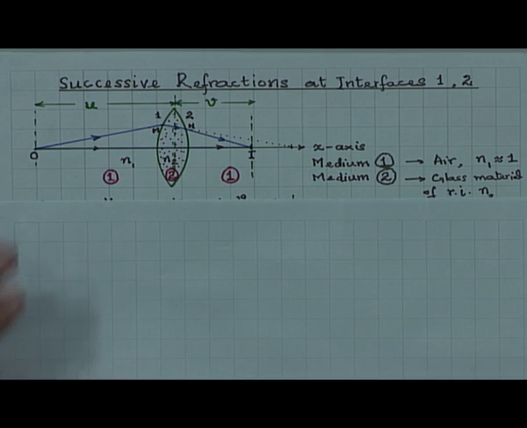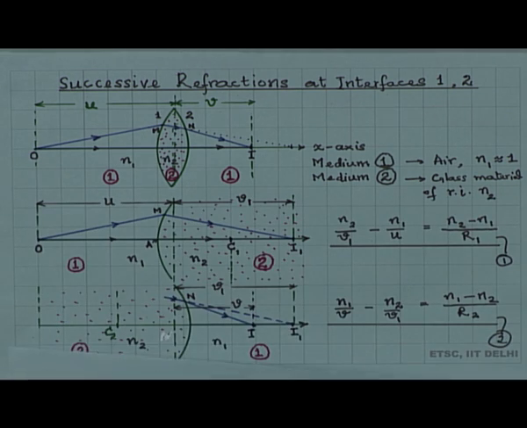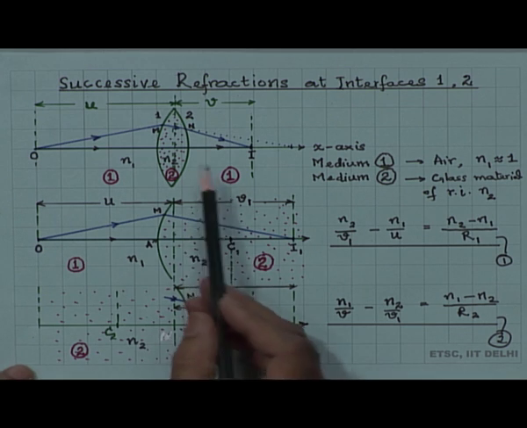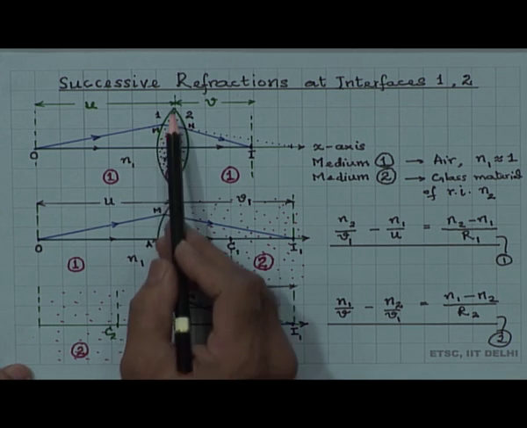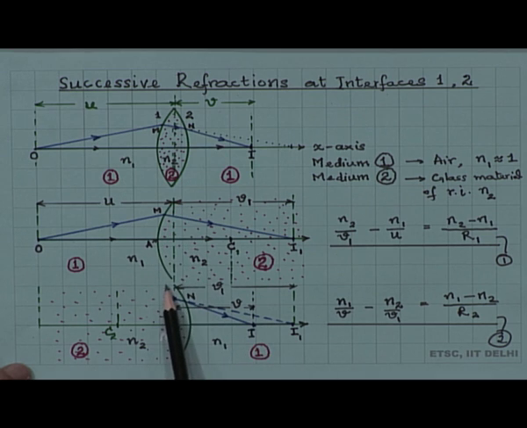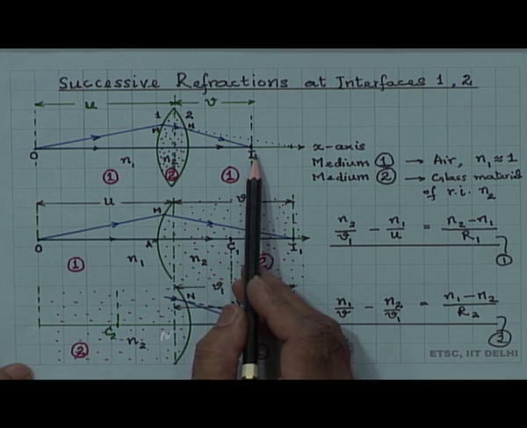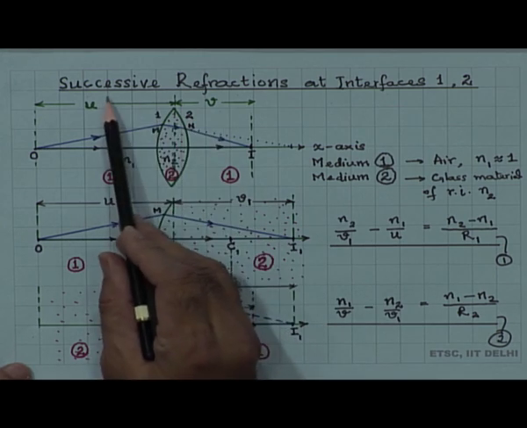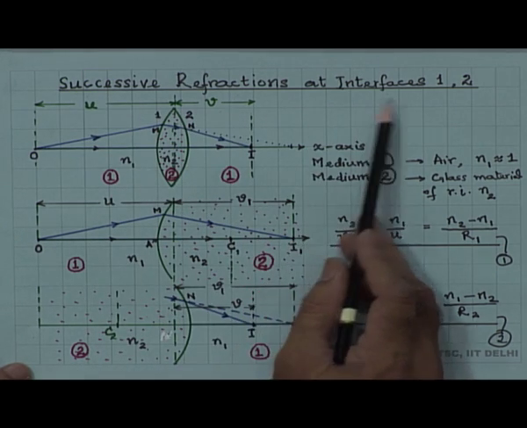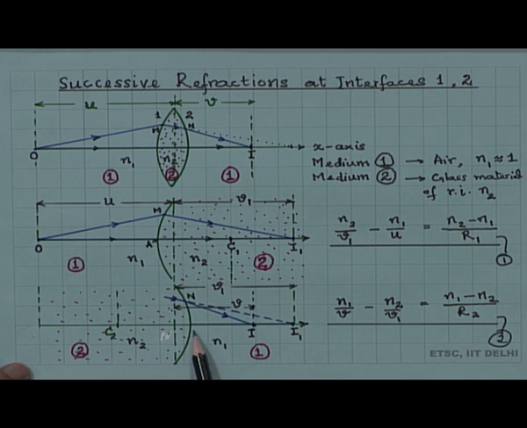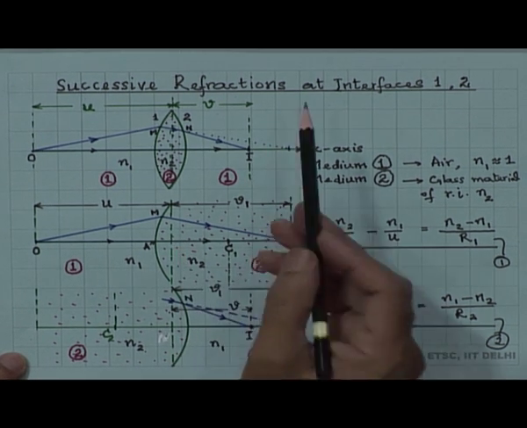When we go for the derivations, we will see that. Now, as I mentioned, you can see exactly this surface is shown here and this surface is shown here. So, we treat the net refraction here as a case of successive refractions at interface 1 and interface 2. Why do we do that?